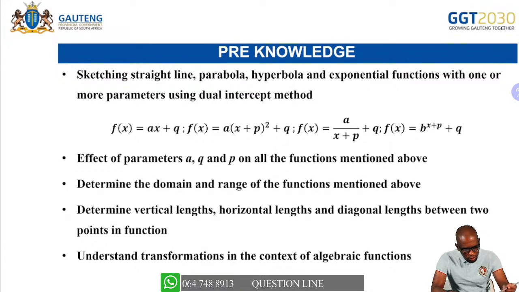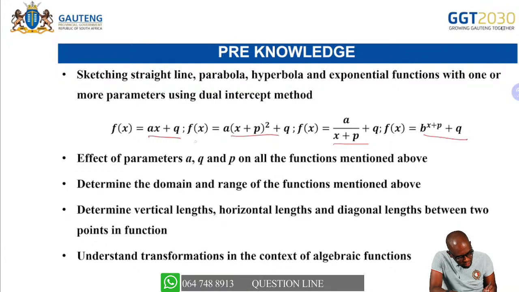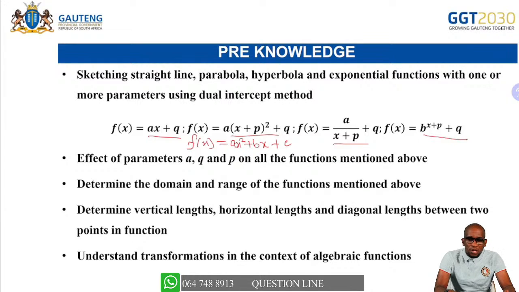Right, and you are given those standard forms there. It is very important that you also note those standard forms in which those functions are written. Obviously, with a quadratic function, we can also add ax squared plus bx plus c. It's also a standard form that is very important.